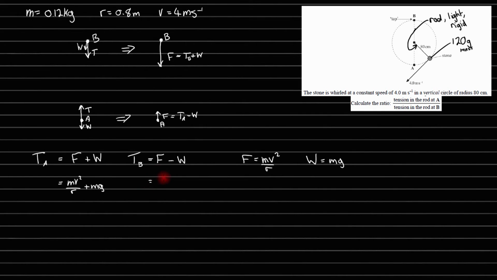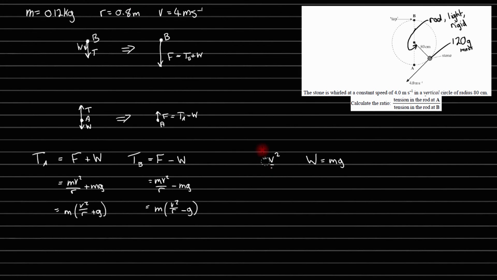And the tension at B would then be mv squared over r minus mg. We can simplify both of these equations, as the mass is common, so we can take the mass out, and that would be m times v squared over r plus g. And the tension at B, we can do the same thing: m times v squared over r minus g.